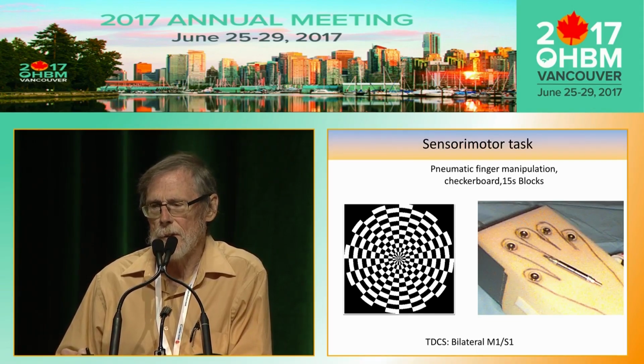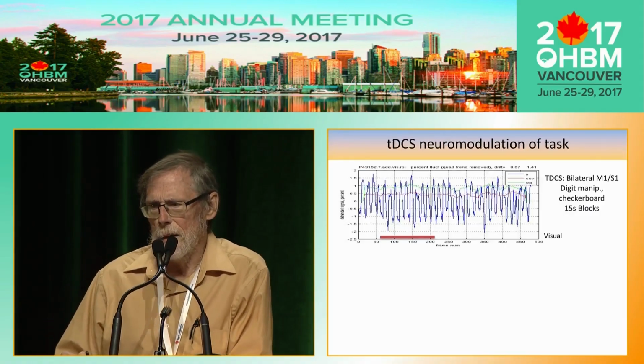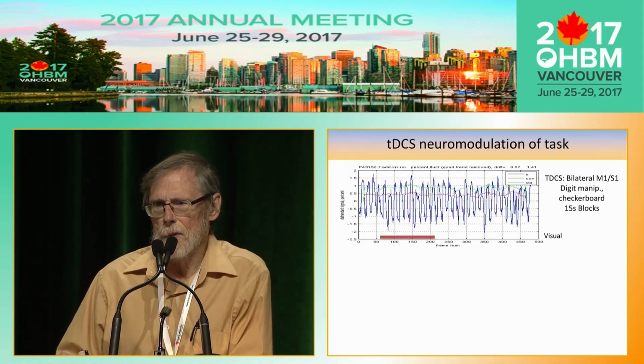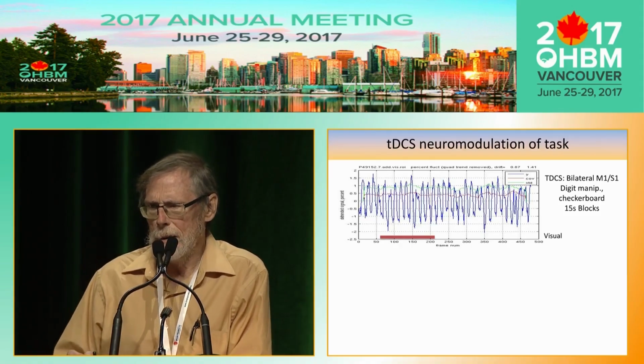So here's an example using a very simple sensory motor cortex kind of a task using flickering checkerboard as well as passive activation of the fingers using little plungers. So the alternating activity there is a 15-second on-off signal in the visual cortex. The red line shows where stimulus was applied for about 6 minutes, and the red line shows the envelope of the activity in the visual cortex, which doesn't change when the TDCS is turned on.